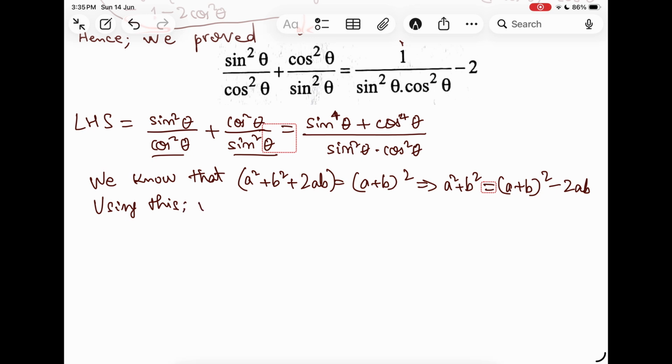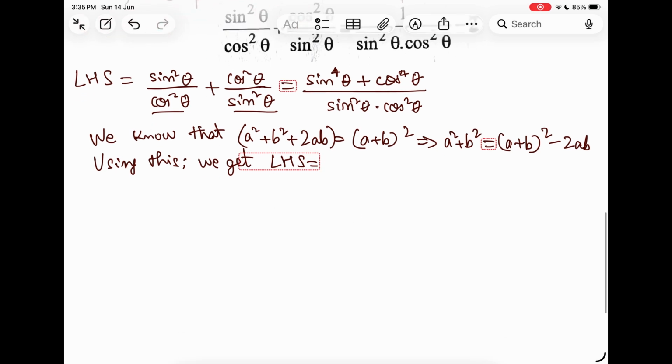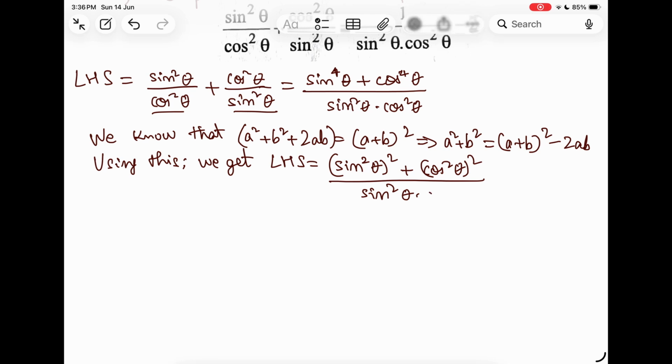So using this equation, we get LHS equal to, that is the sine to the power 4 theta term can be treated as a square, that is it can be written as sine square theta whole square plus cos square theta whole square. We are writing the to the power 4 terms as square of the square. Alright, denominator is as it is because we need it.